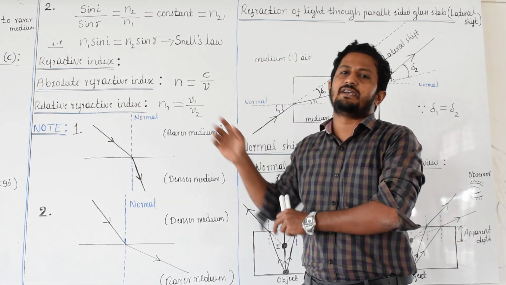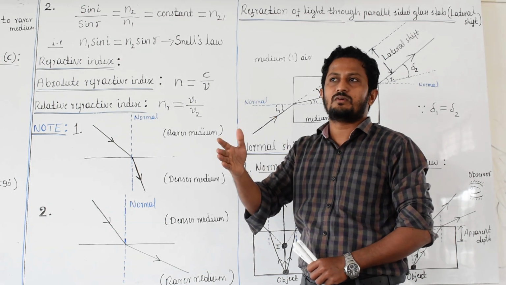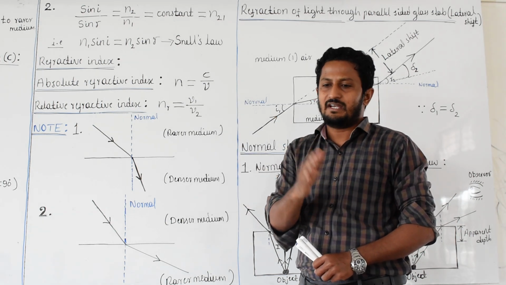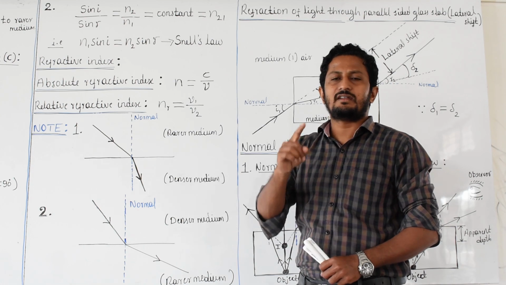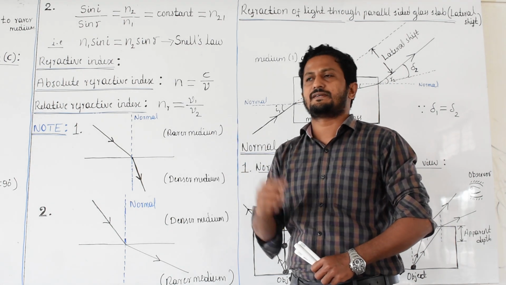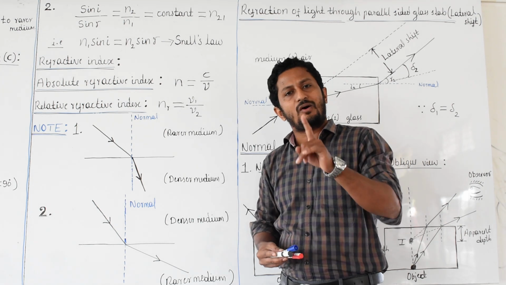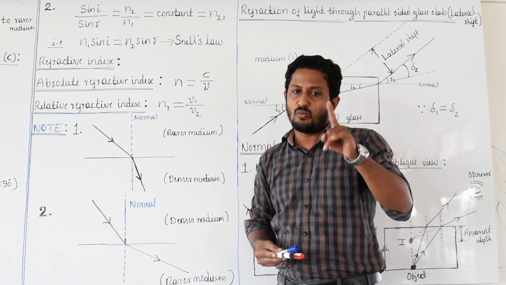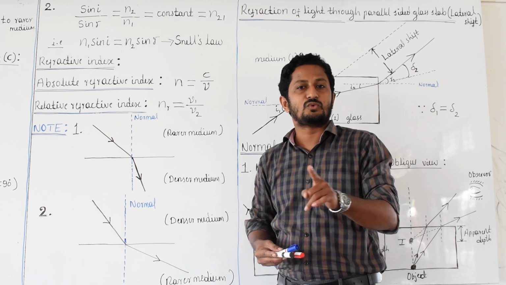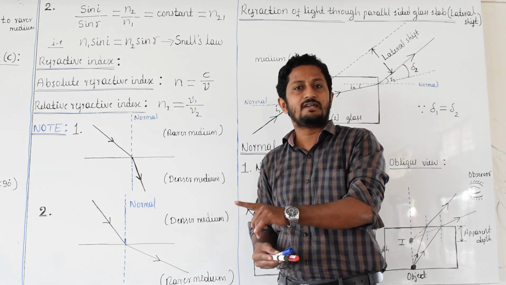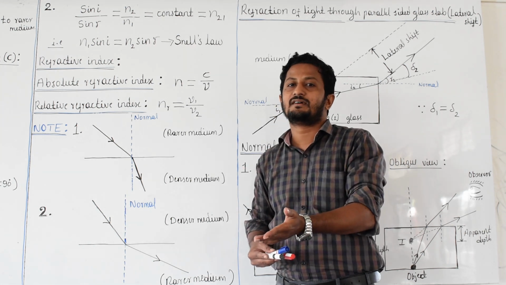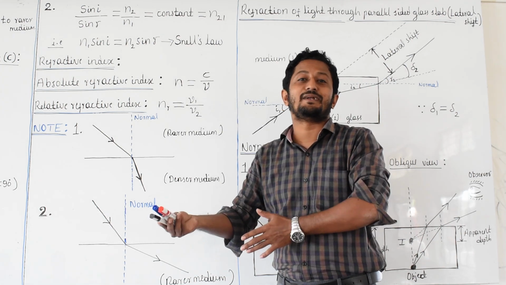After that, one more is the relative refractive index. The word relative is telling us it is going to compare. It is the ratio of speed of light in one medium to the speed of light in another medium, other than the air medium.